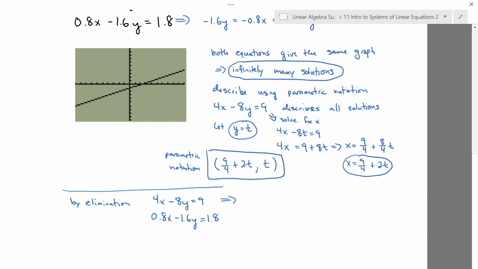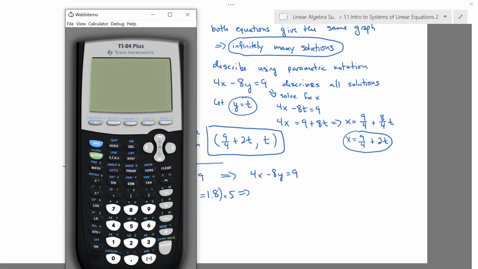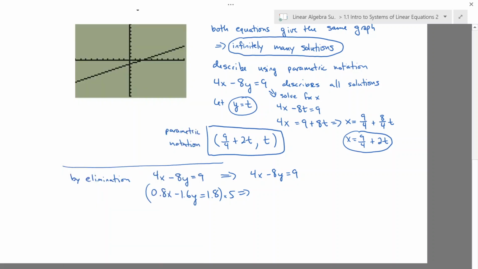The second one I can multiply by 5. 0.8 times 5 is 4.